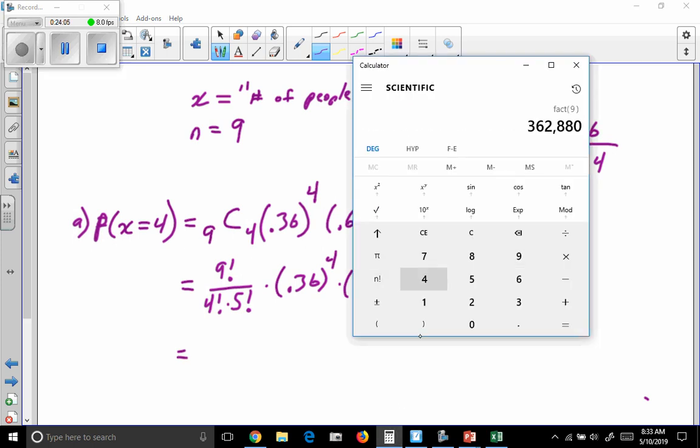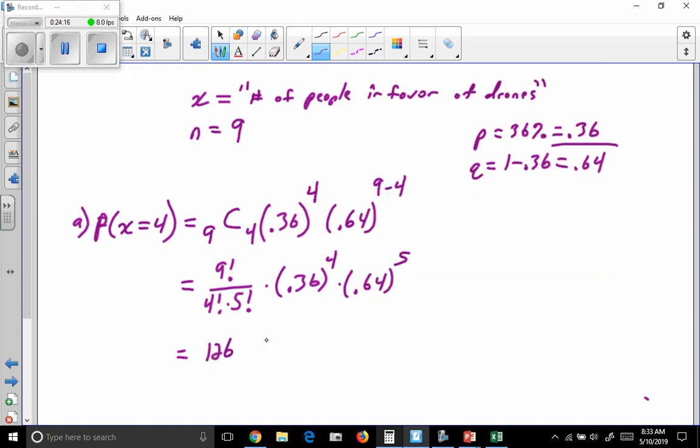So 9 factorial divided by the result of 4 factorial times 5 factorial. There are 126 ways that we could select 4 people out of a group of 9. So we're doing that times 0.36 to the 4th times 0.64 to the 5th.